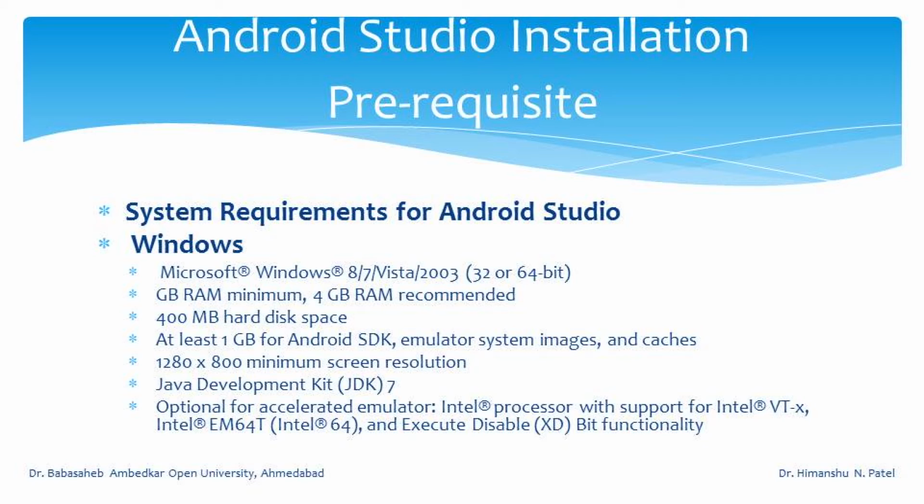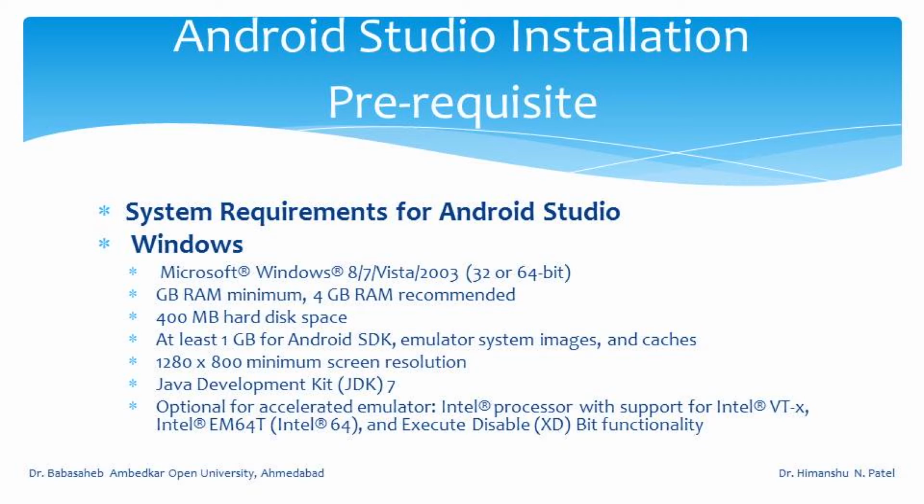So, you require Microsoft Windows operating system 8, 7, Vista, 2003, which may be 32-bit or 64-bit. Then minimum 4 GB RAM is recommended, because heavy resources are required to run Android Studio.